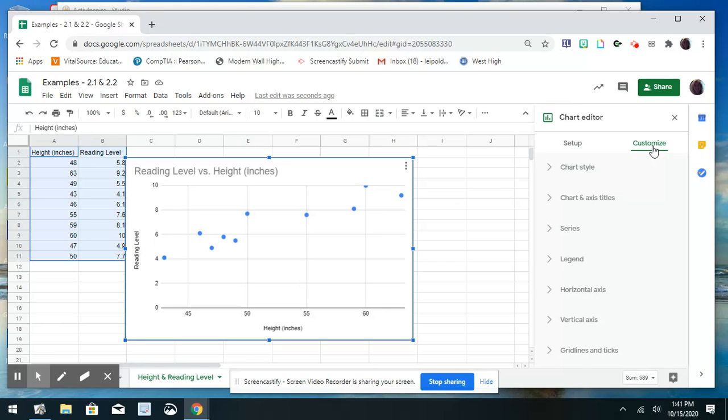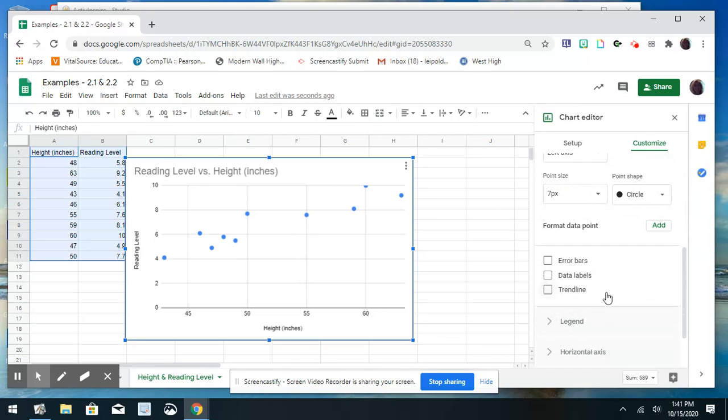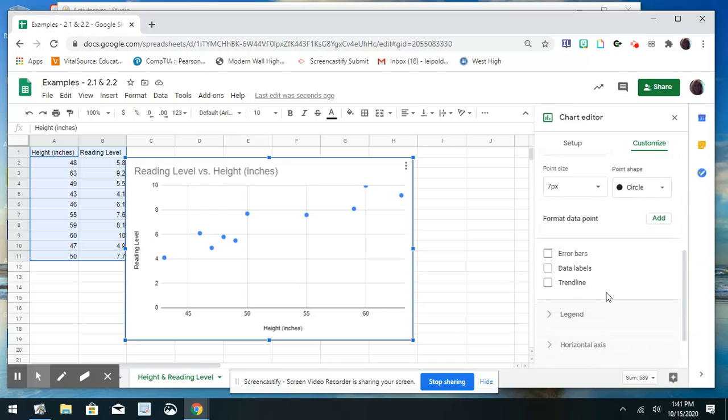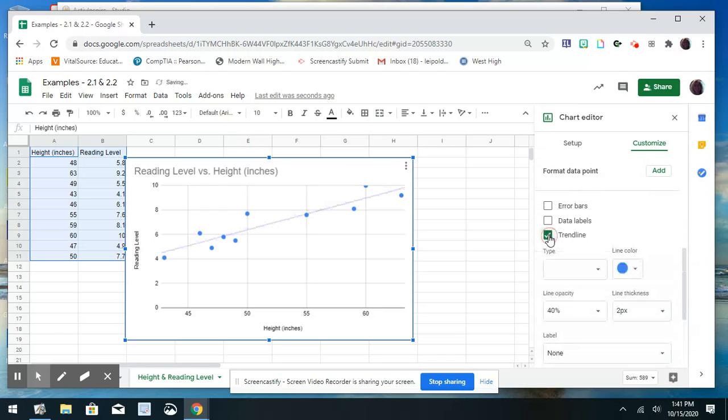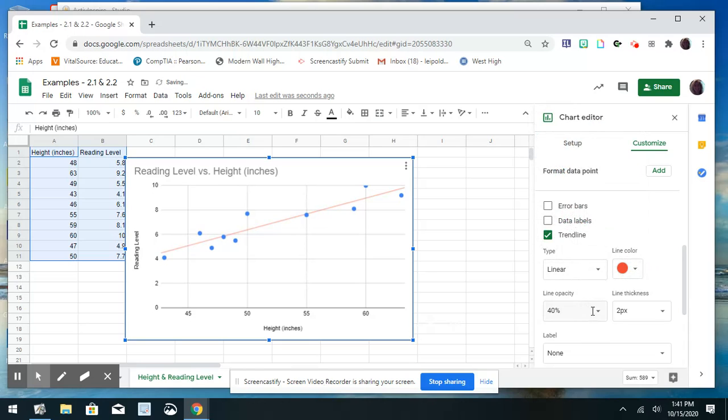We go to the customize, and it looks as though it could be a positive correlation, but let's take a look. And we want to put in our trend line. I'm going to again change the color so it's a little easier to see. Make it a little stronger color and a thicker line.